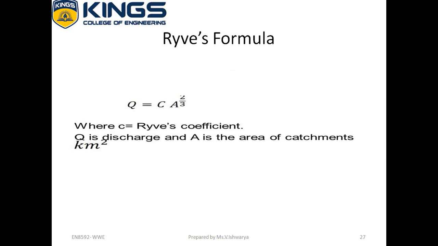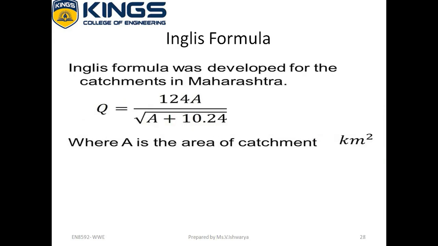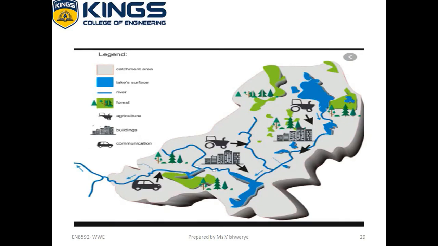A means area, C means Rives constant. The constant may vary based upon the formulas. So next and final formula is the English formula. Here Q = 124A divided by the whole root of (A + 10.24), where A means area of catchment in square kilometers.